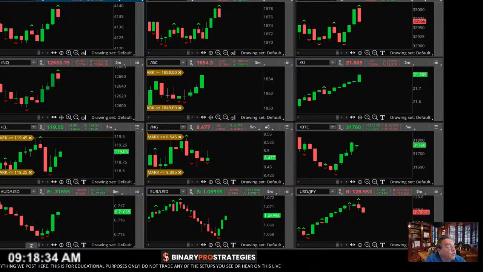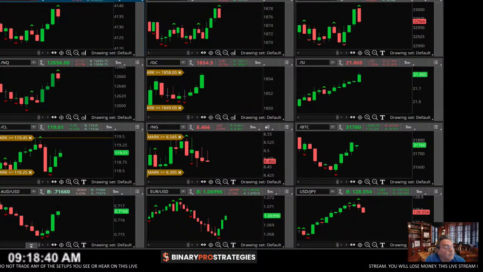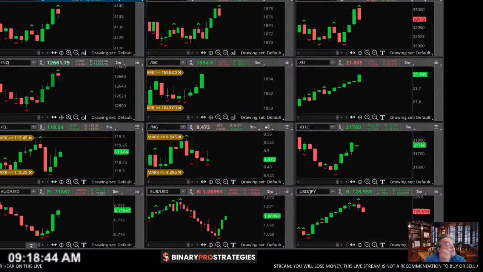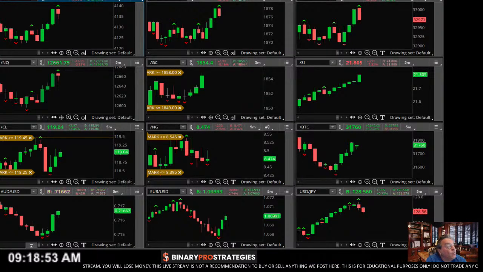If we don't hit target first, and then on silver, silver got triggered at 2178. Target on that is going to be 2191.